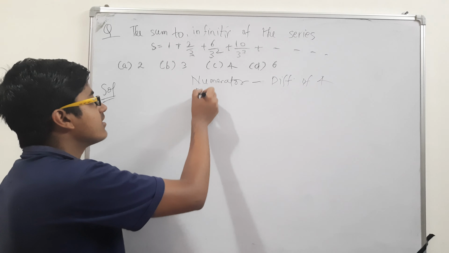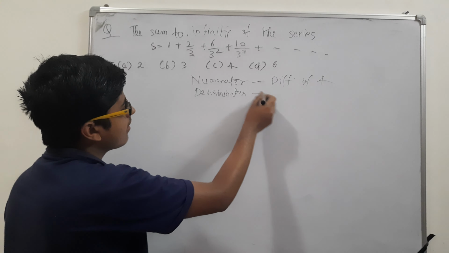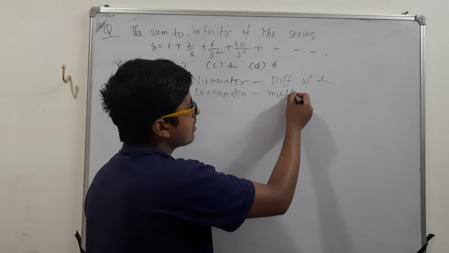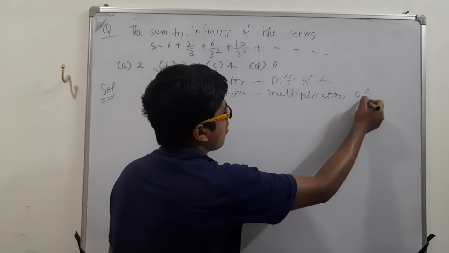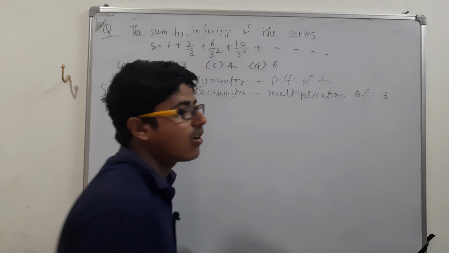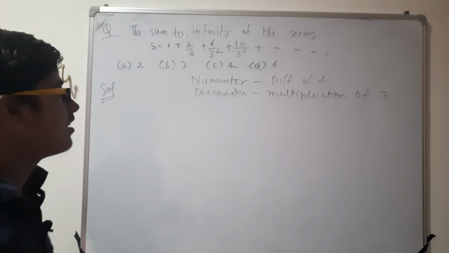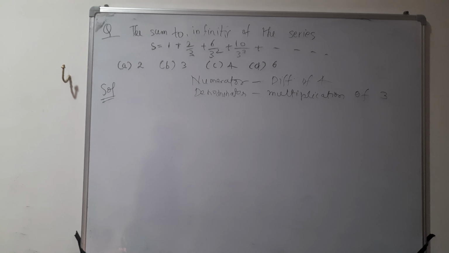Okay, what is happening in denominator? 3, 3 square, 3 cube, like multiplication of 3. Terms are getting multiplied by 3. Okay, so what will we do to approach this question?